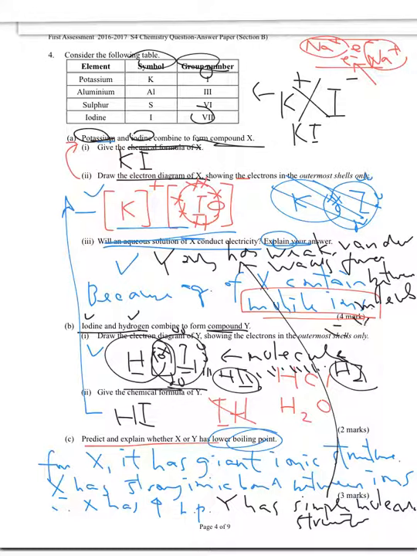So Y has a lower boiling point. The same applies to melting point, because for melting point and boiling point we use the same explanation. Okay? So this is the answer for question number 3 and 4.